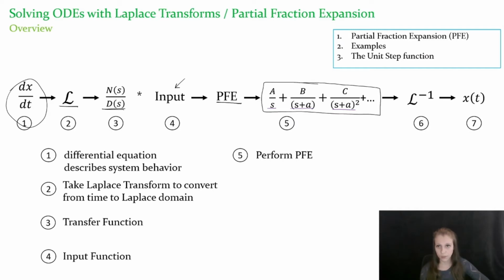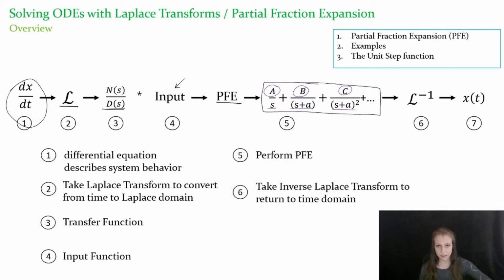When we perform partial fraction expansion, we will be solving for these unknown numerator terms here, which are called the residues. Once we've solved for the residues, we can substitute them back into this partial fraction expansion and take the inverse Laplace transform to return to the time domain and obtain our output in response to our input.